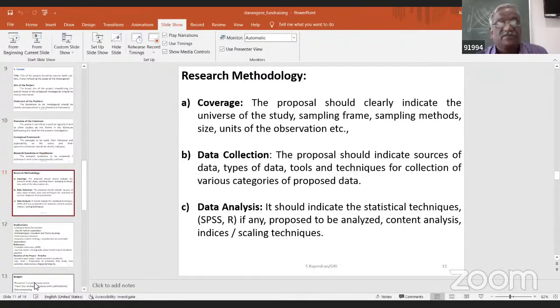What I mean by coverage is where the universe is, whether it is an international study, a local study, a semi-regional study, or continent-based, etc. Some studies may cut across different continents, like an Asia-Africa study, or a North America and South America study. So it should clearly explain the universe of the study, the sampling frame, the sampling methods, the sampling techniques, and also the sampling size, units, etc.